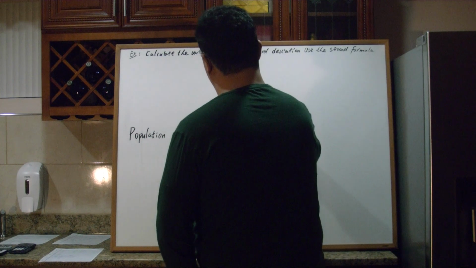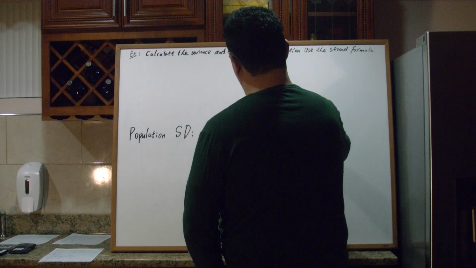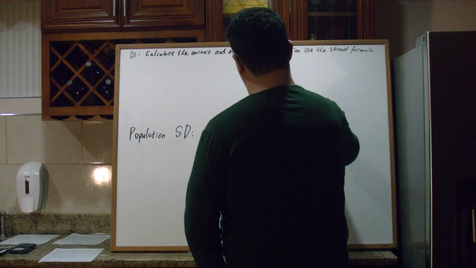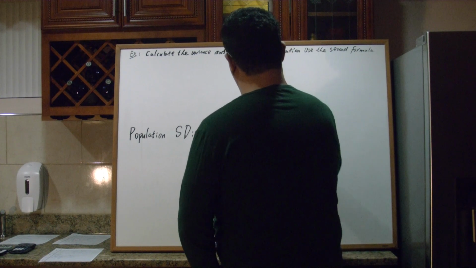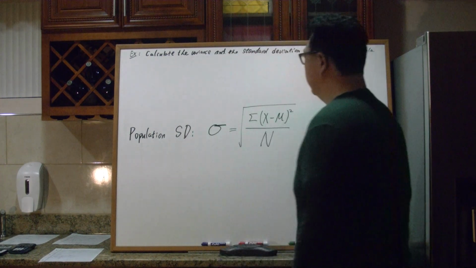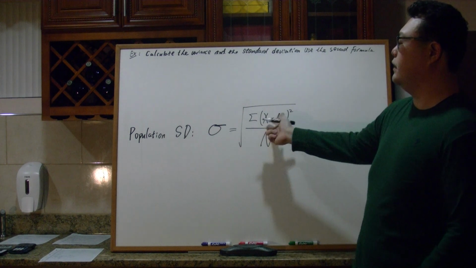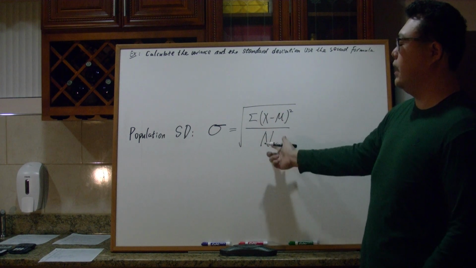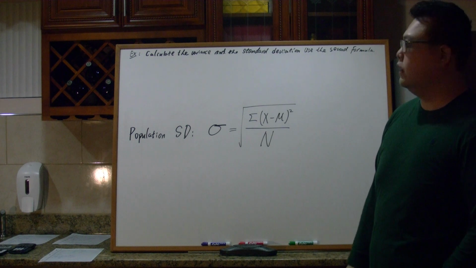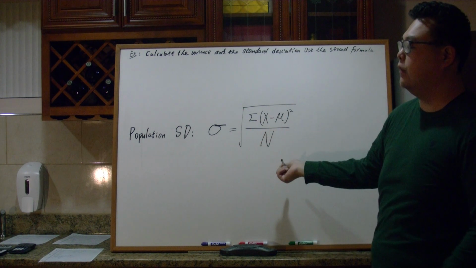That formula is the sum of data minus the mean, squared, over n, and the square root of it. The square root of the differences of data and the mean, divided by the size. For the population, every data is free, so that is a parameter.